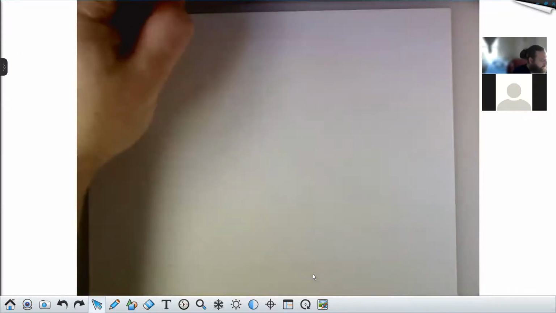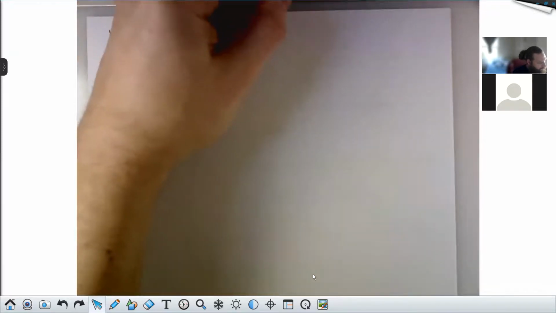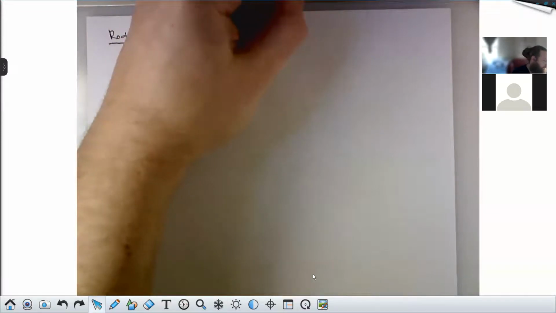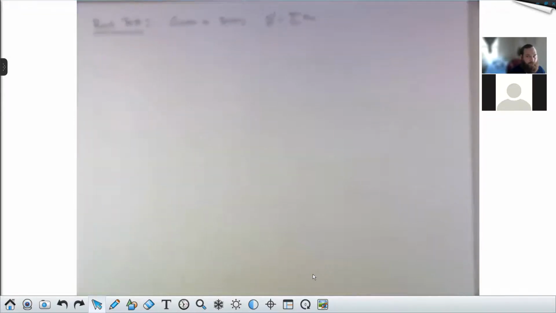This says, given a series S equals sigma an, could be summed from 1 to infinity or from 0 to infinity, I don't care.